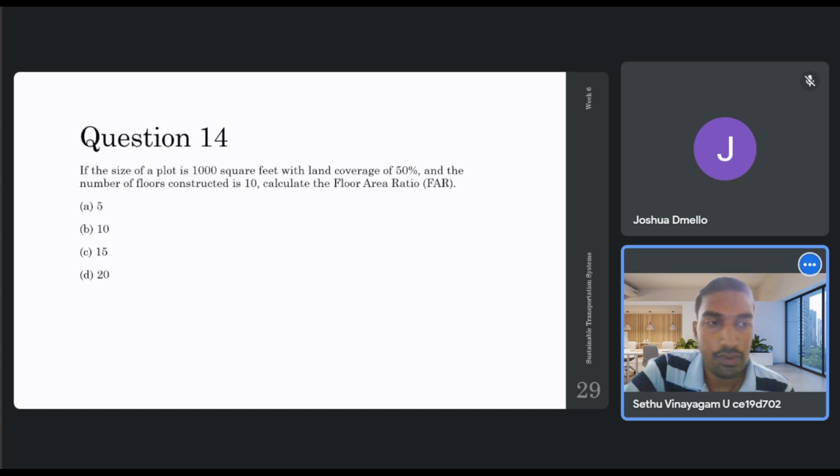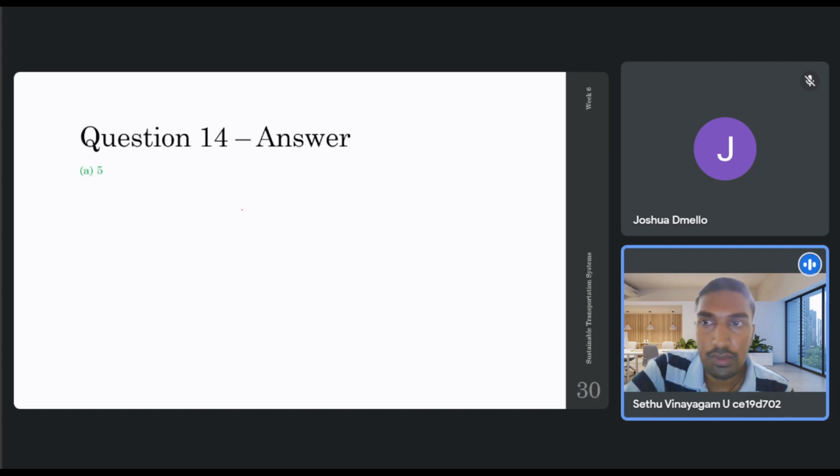So we have one more for option B, 10. The right answer is actually option A, it is 5. Let's see how to get the answer.